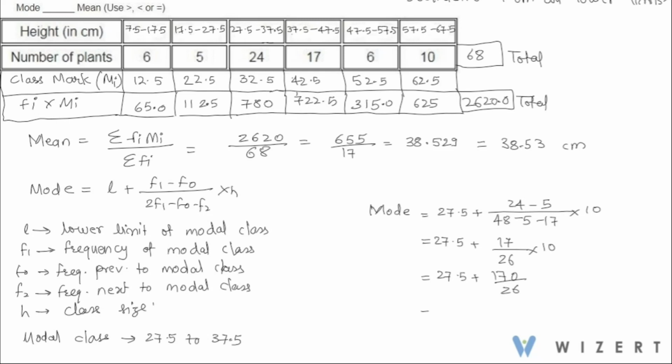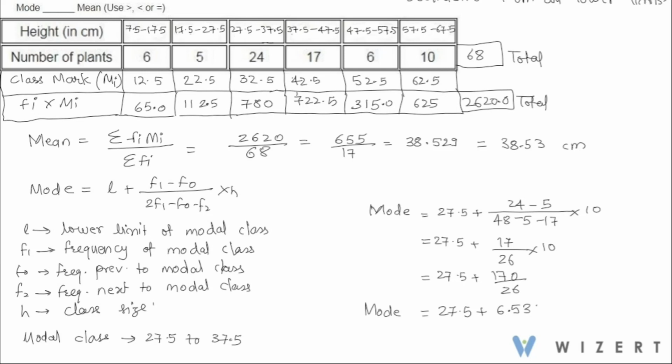So let's do this division. We have mode equal to 27.5 plus 190 divided by 26. 26 7s are 182, so 7 point, and the remainder is 8, so after the decimal point we have 80, 26 3s are 78, 2 remains, 20, 26 into 8 is 208.